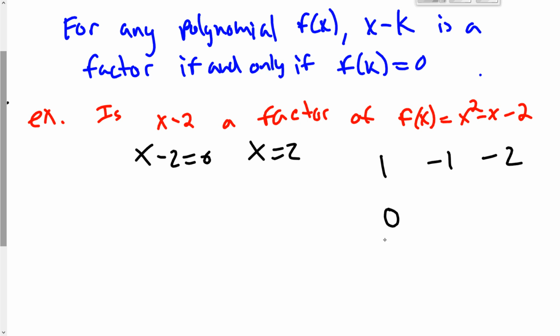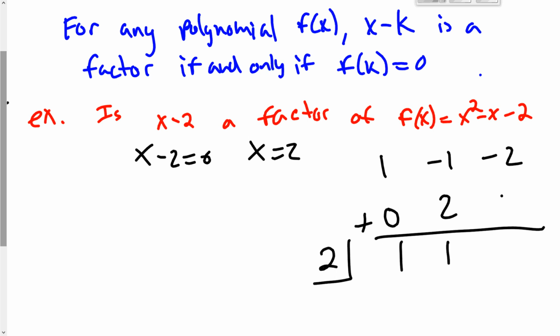Put a 0 on the second line, and add the first line and the second line. So we get 1, and whatever lands on the third line we multiply by what x equals, 2. So 2 times 1 is 2, and then minus 1 plus 2 is 1, and 1 times 2 is 2, and that does equal 0. Our remainder is 0.